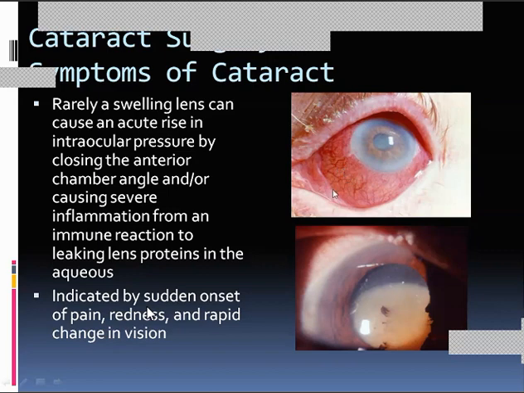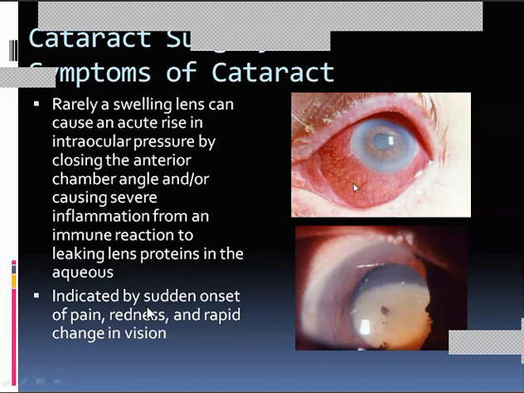The leaking lens capsule leads to closure of the pores of the trabecular meshwork. In addition to the closure of the pores, inflammation of the trabecular meshwork also occurs. So it leads to an immune reaction, and this is all due to the leaking proteins only.